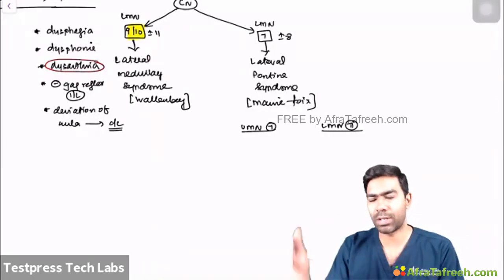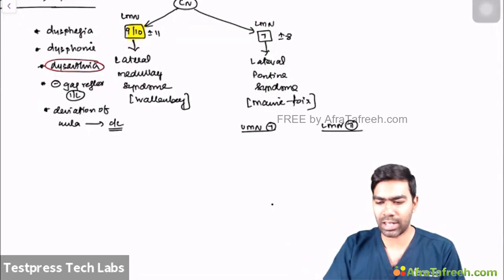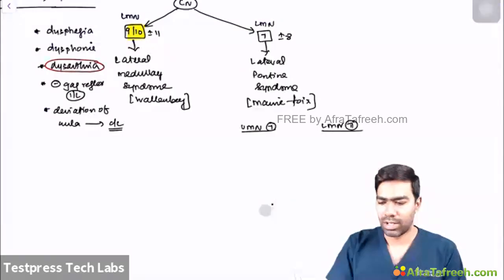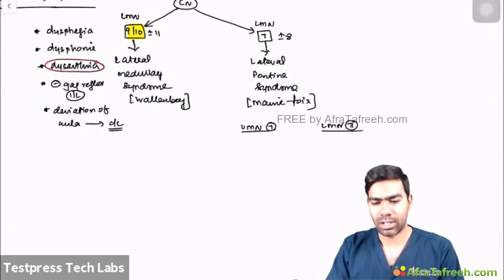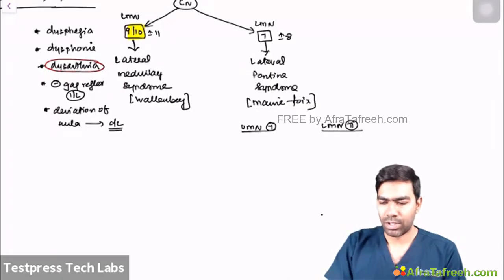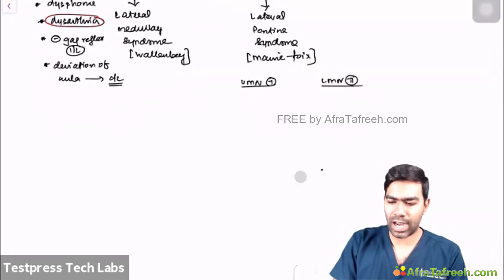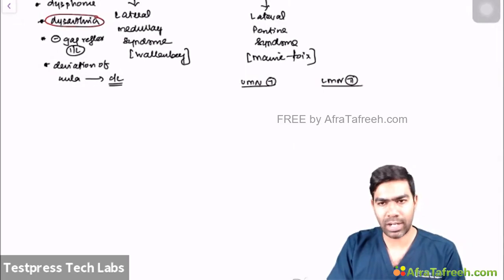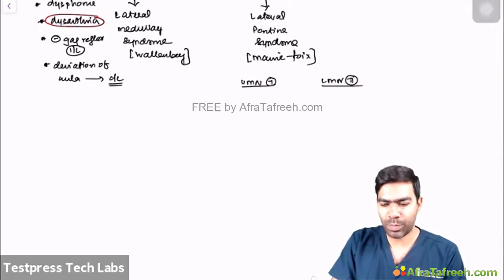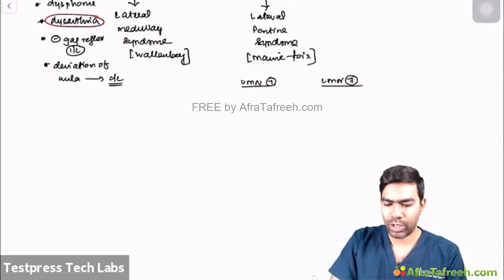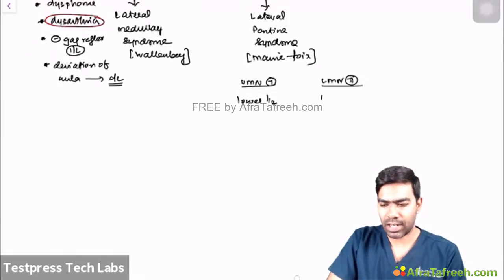But this is not applicable to LMN. In LMN, any cranial nerve affected will definitely show severe damage. So how will you differentiate? This idea is what's going to help us differentiate between UMN and LMN 7. If you think about a UMN 7, the result will be only in the lower half of the face. Whereas if it's an LMN 7, that doesn't matter at all.